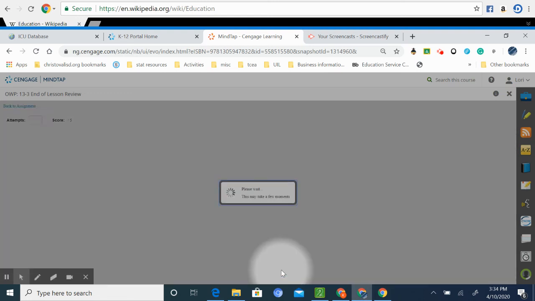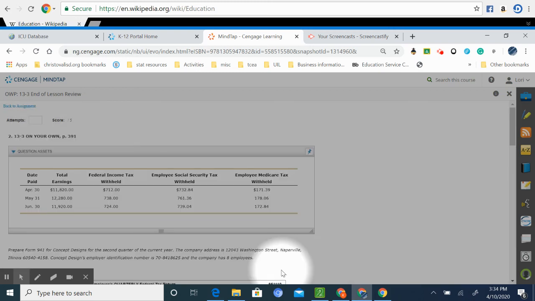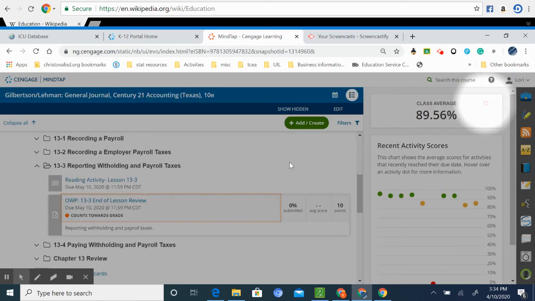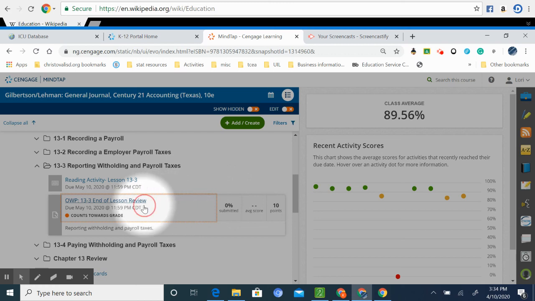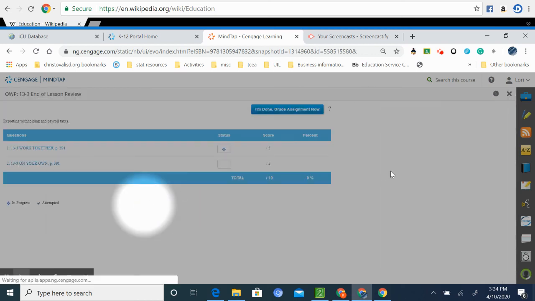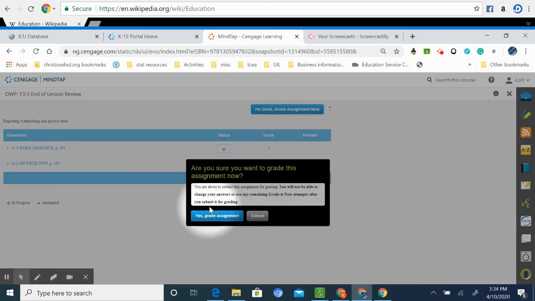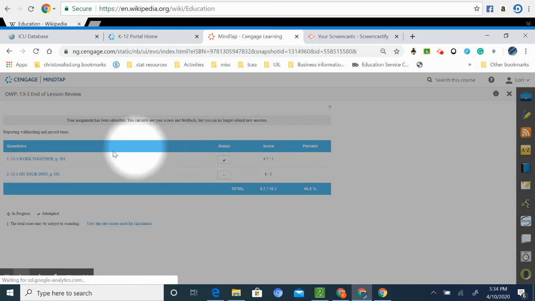And I believe this one doesn't show me what I've done right on this yet. No, I have to go through and grade it through the other side. Let me get that submitted for you so we can see if we made any mistakes. Oops, I messed up on something.